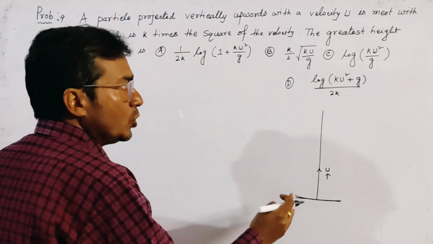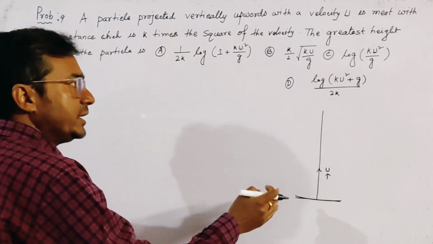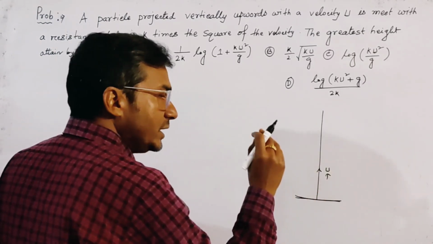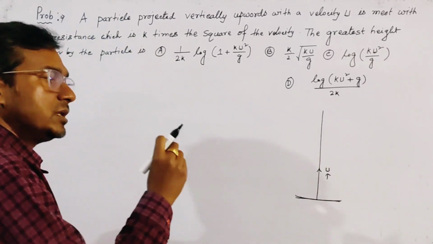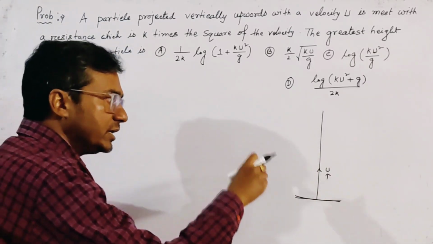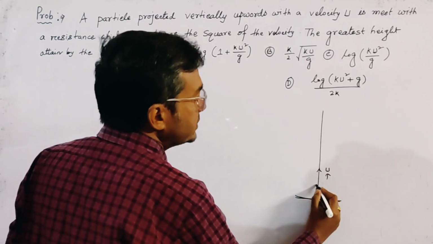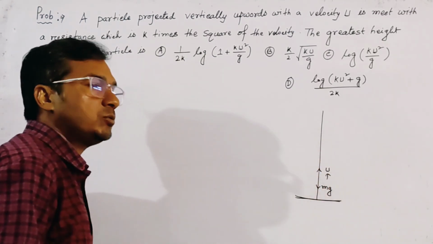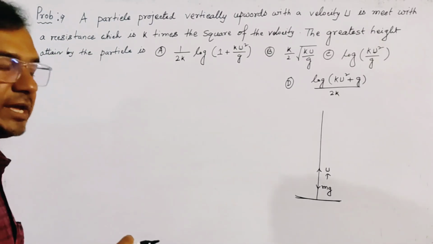And we know that when we project vertically upwards, there is a gravitational force which acts vertically downwards. So in this direction there will be gravitational attraction, which is mg.